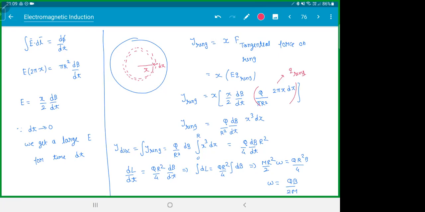I think the 2 was missing. Do check this out. This is a pretty good question, right? Anyone not clear with the steps, please ask me.